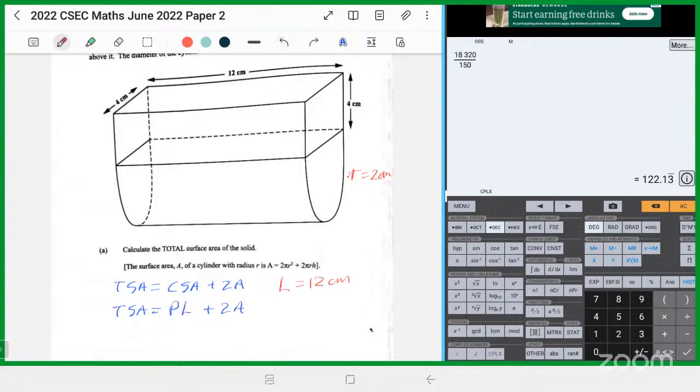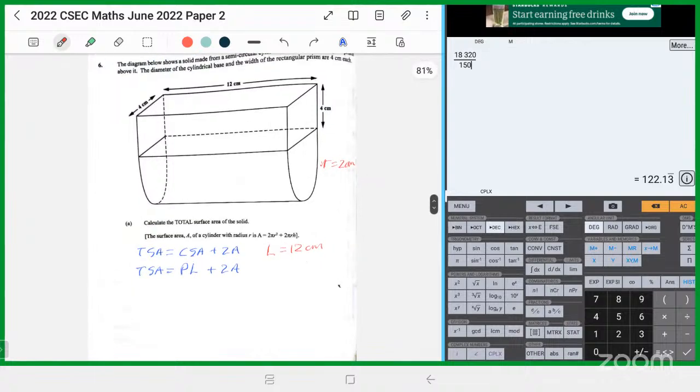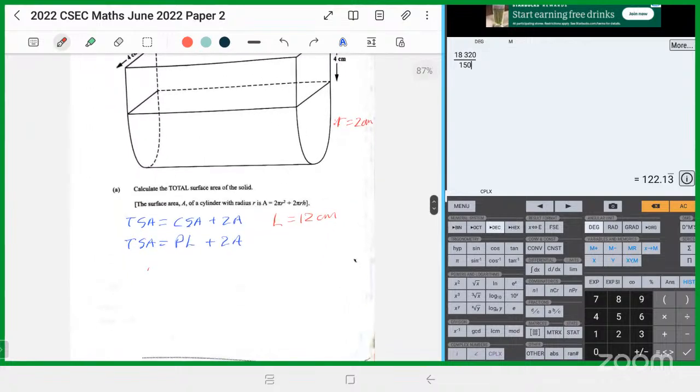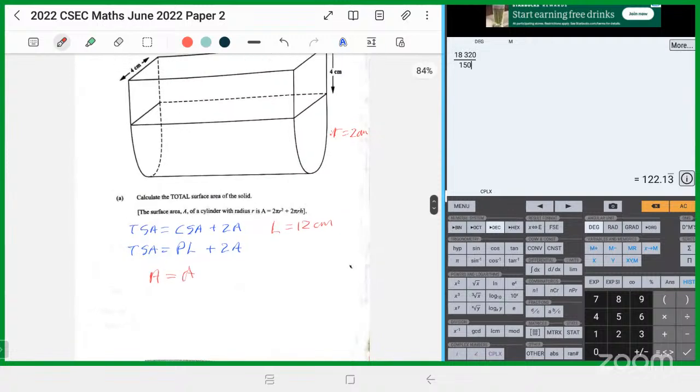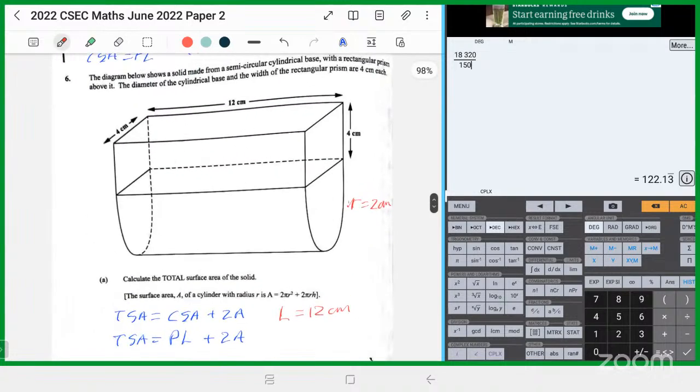Let's work out the A first. The A will be the sum of this area and this area. Let's work it out down here. So the A will be equal to the area of the semicircle. Let's call it 1 and 2. We just call this 1 and 2.